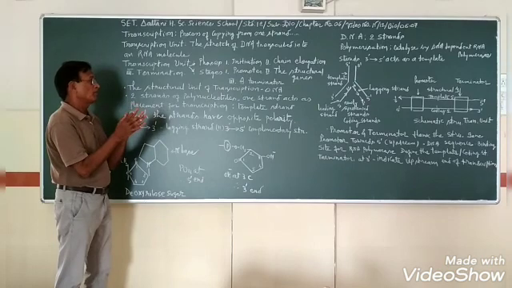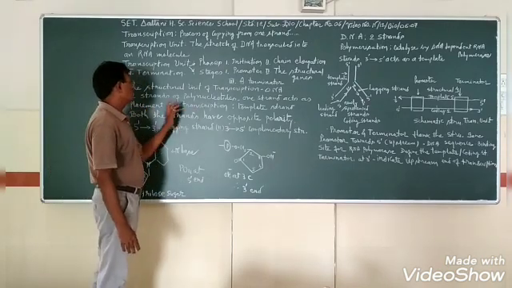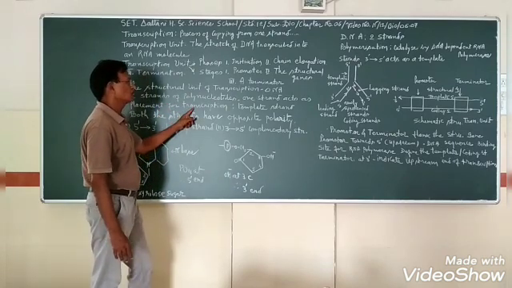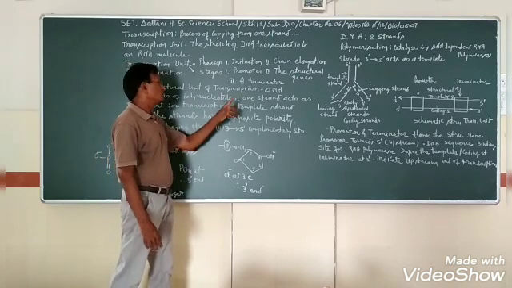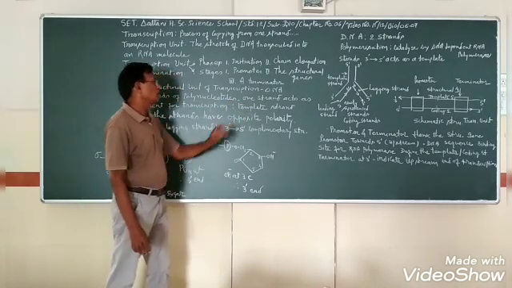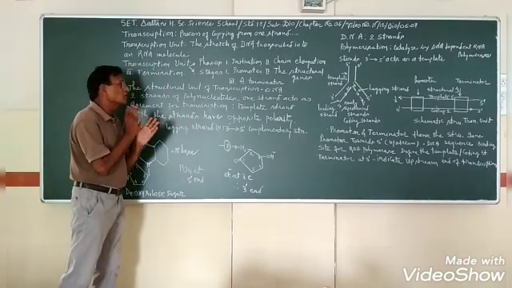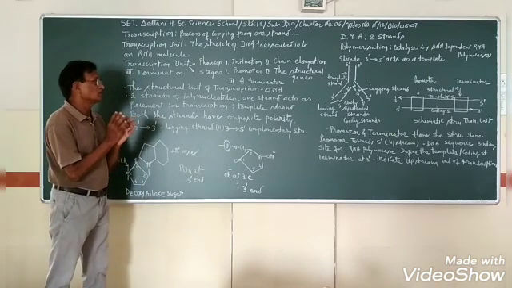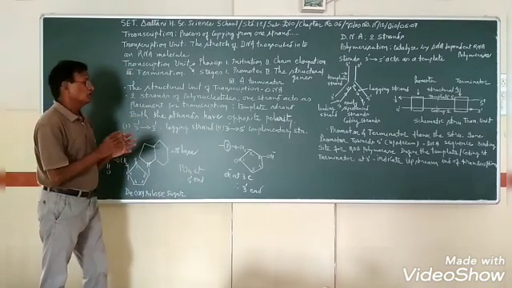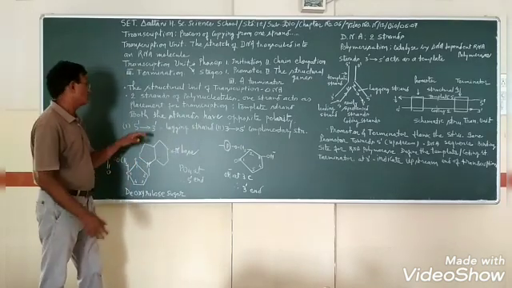Either of them may act as the template for transcription. This strand is called the template strand because it is the strand which will provide the detailed information to the RNA, according to which the protein is to be made.